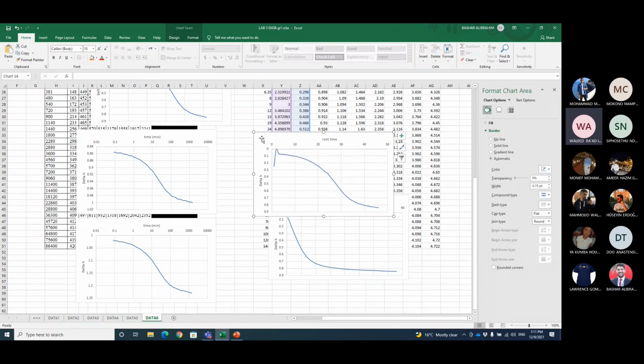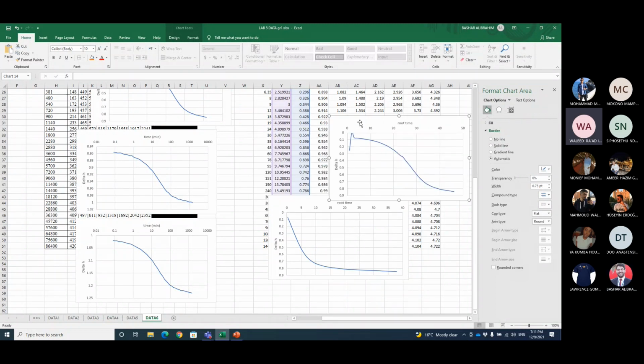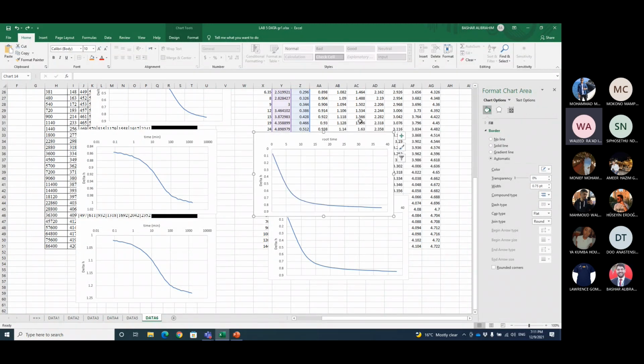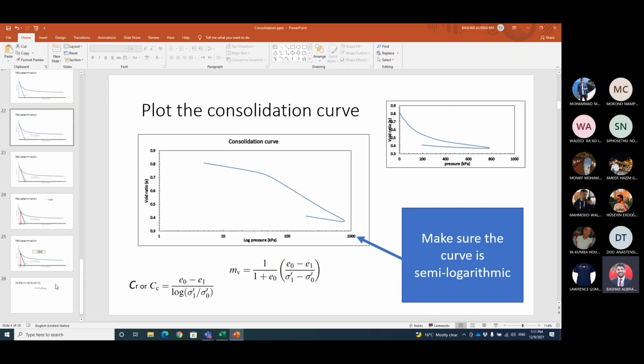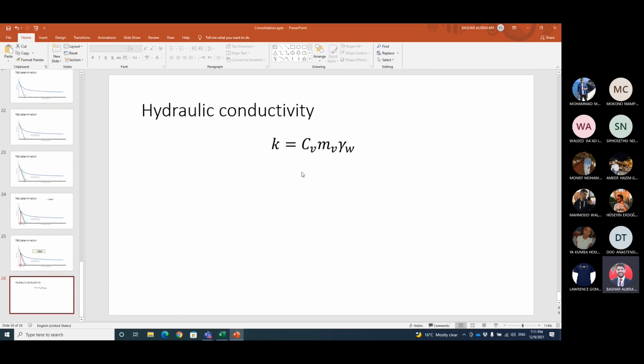Okay. For K and MV, we should find it for all the loads, or we can find it for one point and say this is K? No, you will find it for all the points, and you will find it 2 times. Once using the CV you obtain from T50. Once using the CV you obtain from T90.